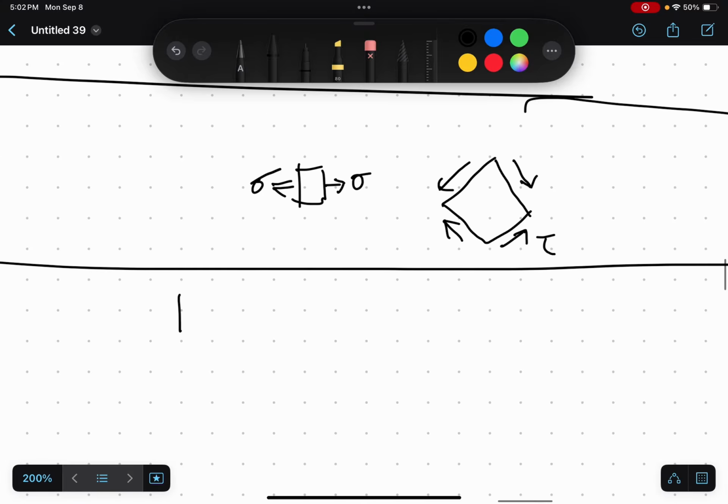Our first point is this face. So what's going on on that face? We have a normal stress of a number. Let's say it's 10. Let's say this equals 10.